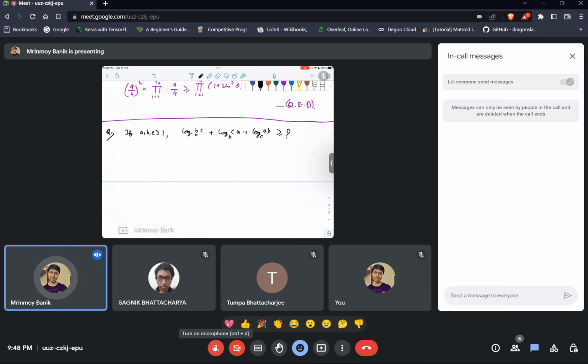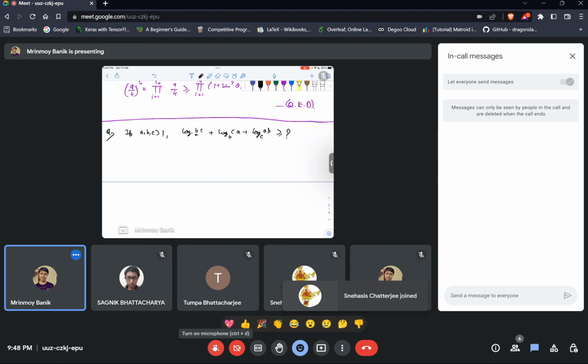So what's the minimum value of this? You can take these as big A, big B, and big C. So I have to find the lower bound for A plus B plus C.